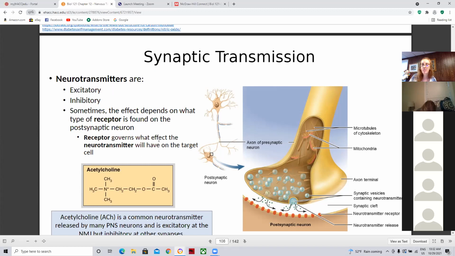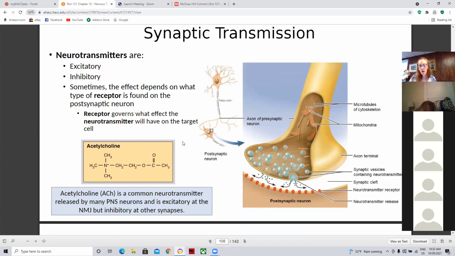The receptor governs what effect the neurotransmitter will have on a target cell. Acetylcholine is the most common neurotransmitter, and it's excitatory at the neuromuscular junctions, but inhibitory at other synapses.